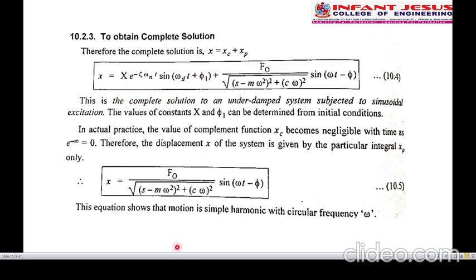This equation shows that the motion is simple harmonic with the circular frequency omega. So this is the displacement equation, and with this equation we can find the displacement of the system.